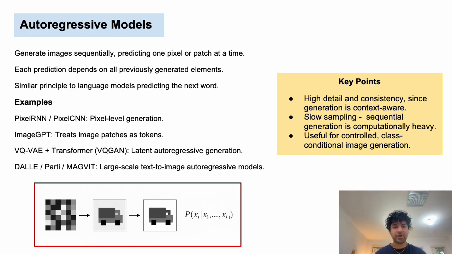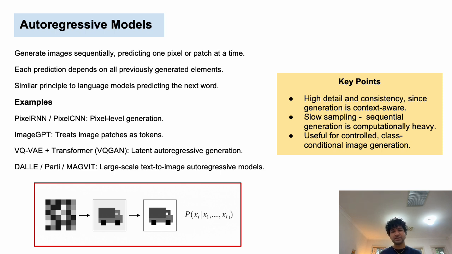Next up, we've got the autoregressive models. How these work is that they generate images sequentially, predicting one pixel or one patch at a time. Each prediction depends on all the previously generated elements. It's a similar principle to language models that we've studied in the past in NLP, by looking at the previous words in order to predict the next word.